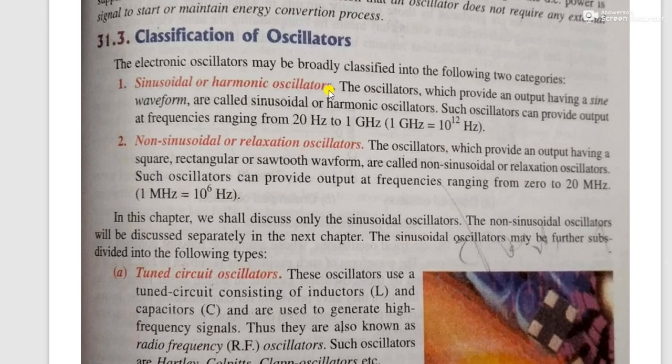Now the classification of oscillators. A broad classification is sinusoidal or harmonic oscillators. The oscillator which produces an output with a sine waveform is called a sinusoidal or harmonic oscillator. Such oscillations can be provided in the frequency range 20 Hz to 1 GHz, gigahertz being 10 to the power 9 Hz. The next category is non-sinusoidal or relaxation oscillators. Oscillators whose output is square, rectangular or sawtooth, which is not sinusoidal in nature, are called non-sinusoidal or relaxation oscillators.